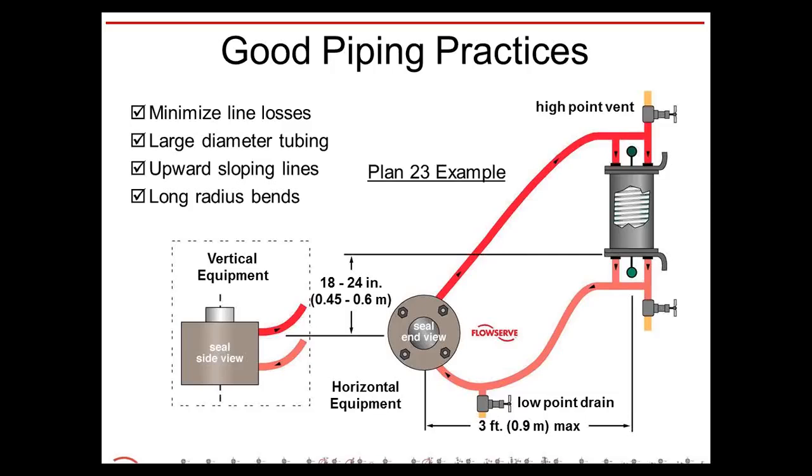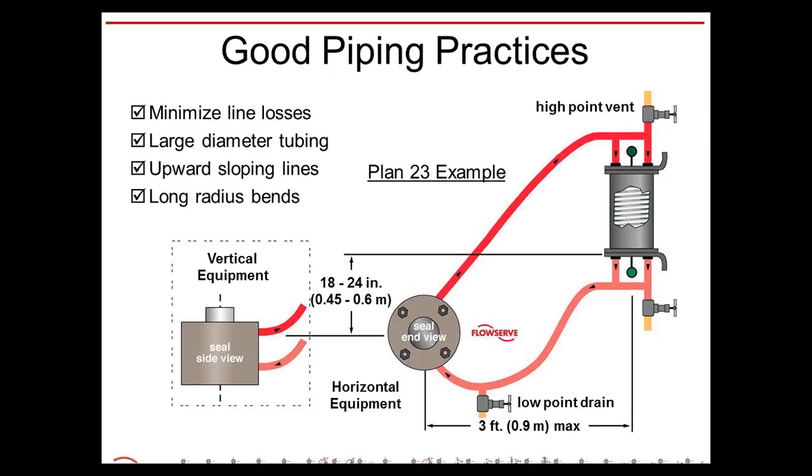For the barrier system, the dual systems, it's a little bit longer, closer to 4 feet, but with the singles, you might be able to get 4 feet out of it, but you definitely don't want to go any further than 4 feet. And also, you want to be above the center line of the pump, no more than 18 to 24 inches above the center line of the pump. You definitely can't be any higher. You could be slightly lower, but you definitely don't want to be above 24 inches.